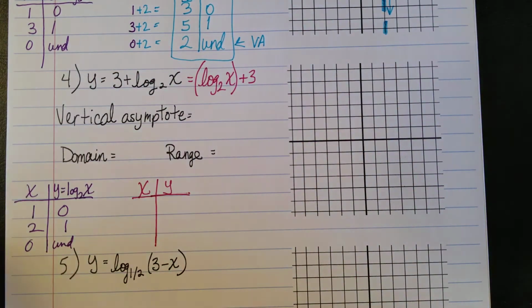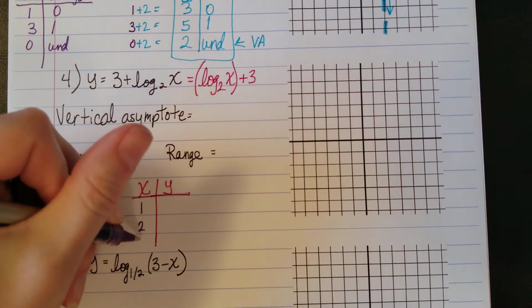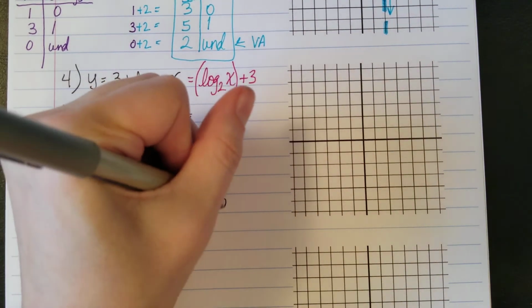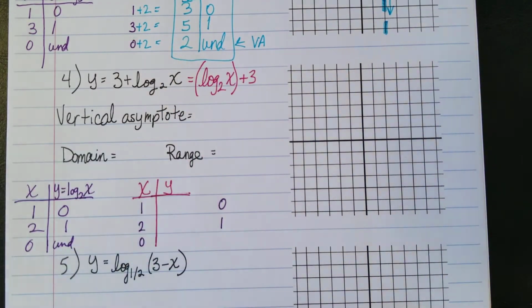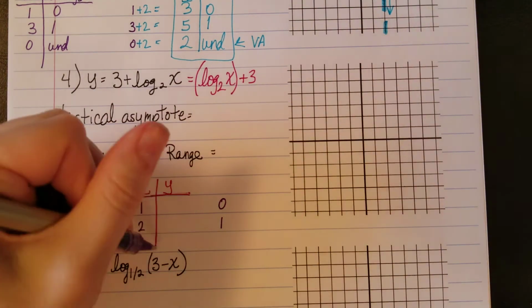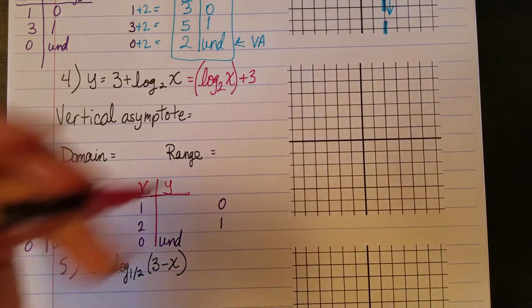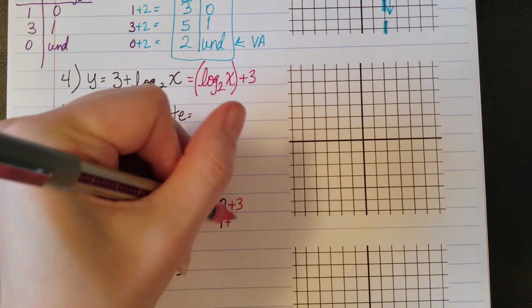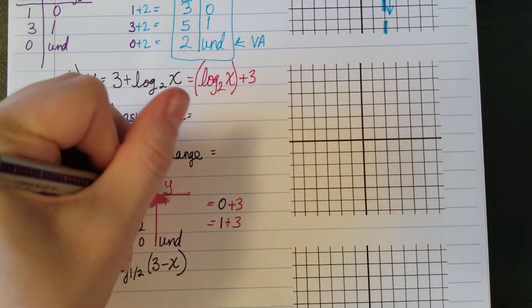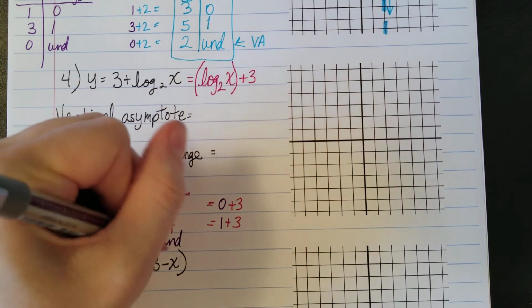In this case, the x's stay the same, and with undefined you can't really do anything, so that stays the same. We're just going to add 3. So that would be 3, that would be 4.